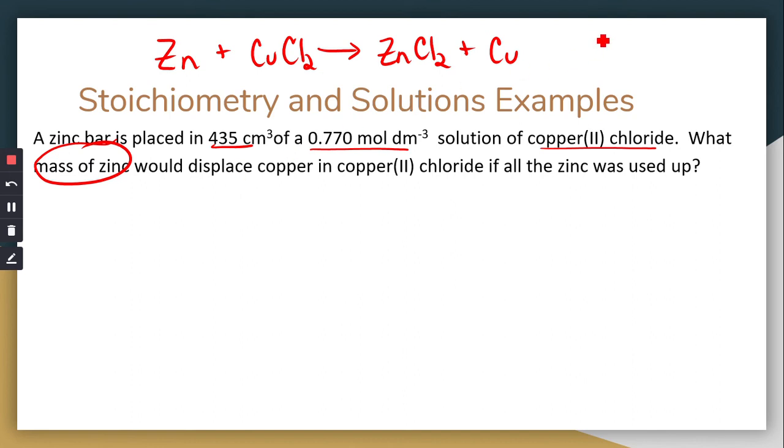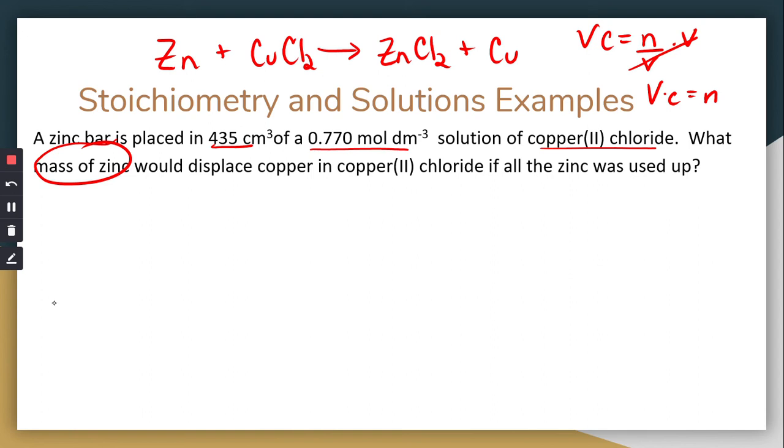So what we have is a volume and a concentration of the copper 2 chloride. So from that we can get moles of copper 2 chloride, and then we want to solve for the mass of zinc. So we're going to first find moles of copper 2 chloride. If we remember, concentration is equal to moles over volume. Multiply both sides by volume. Volume times concentration would give us our moles. But we need the units to match, so we're going to have to convert centimeters cubed to decimeters cubed. So we would move the decimal 3 times to the left.